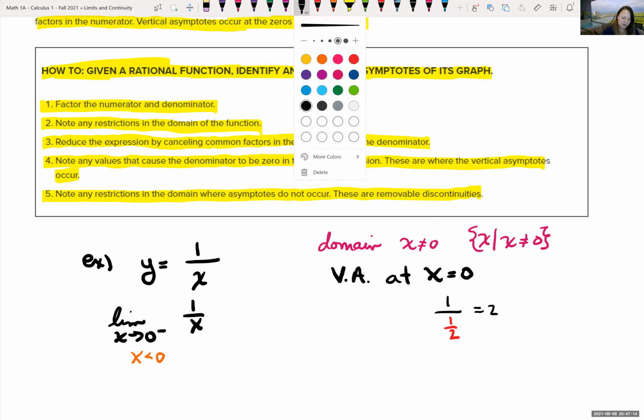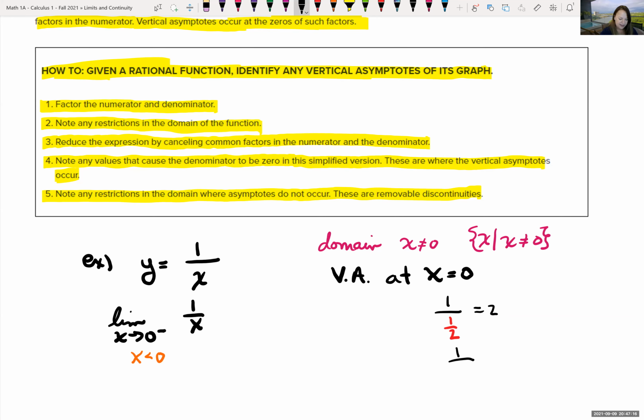If I choose something closer to 0, like 1/3, I get back 3. But if these were negative, then my numbers are negative. So even getting closer, if I did negative 1/4, when I divide 1 by that, it's going to be -4. So these are shooting down to negative infinity.